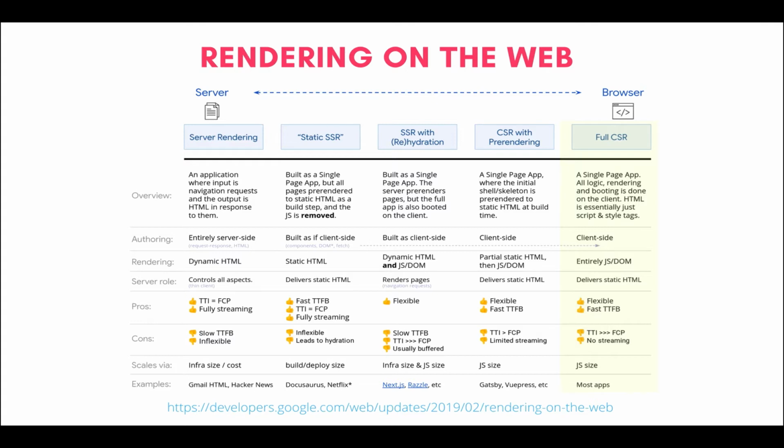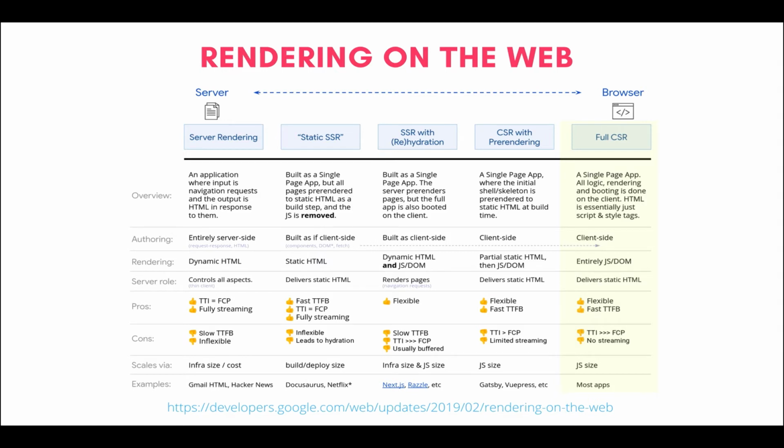This is for a lot of cases a great approach, but have in mind that if search engine optimization is a concern, this approach won't be a good choice for you. But note that this approach is also always good if you are building some kind of administration interfaces or protected areas. Basically, areas of your applications that are not exposed to search engines or any kind of web crawlers.